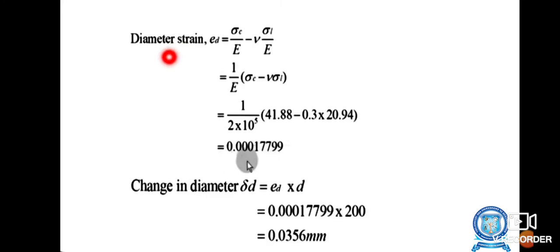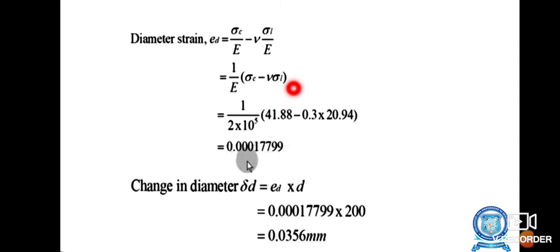Next we find out the diameter strain. So e suffix D is equal to the formula sigma C, that is circumferential stress, divided by Young's modulus, minus mu into longitudinal stress divided by Young's modulus. We simplify that formula: 1 divided by E, that is Young's modulus, into circumferential stress minus mu into longitudinal stress.